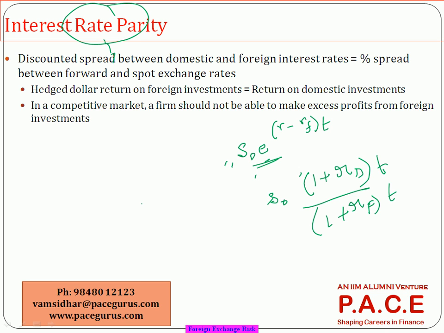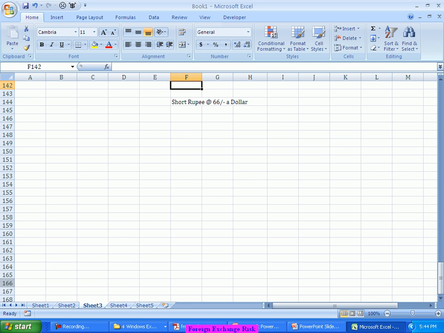Probably I'll show that difference for you. How much difference can it come using the two different formulas? Let's say today the exchange rate is 64. Let's assume that the interest rates in India are 8% and interest rate in US is some 5%.